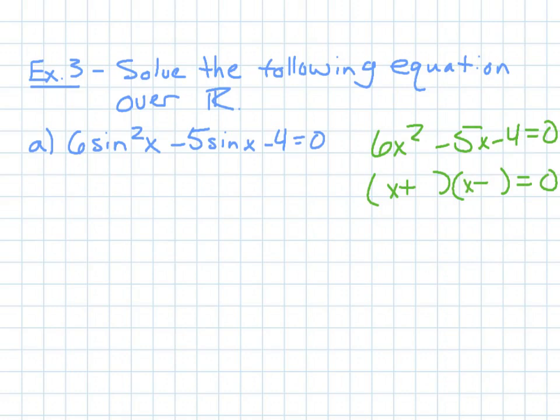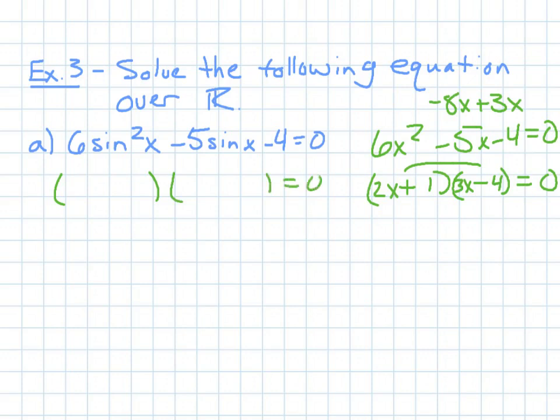So in this case, I just did the quick factoring for time's sake, but I came up with 2x plus 1 times 3x minus 4, because the 2x times 3x would give me 6x squared, and then the 2x and the negative 4 will give me negative 8x, and then 1 times 3 would give me 3x. So that together would give me negative 5x, and then 1 times negative 4 would give me negative 4. So it works.